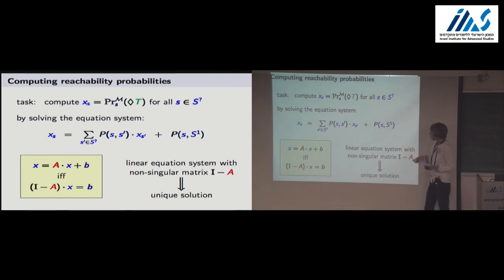This doesn't hold in general, not for any stochastic matrix, but because we have this S0 eliminated, there are matrix norms where this one is less than 1, and then this series indeed converges, and what you can prove is that this is the inverse.